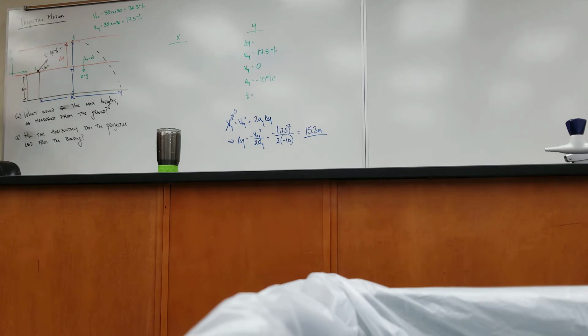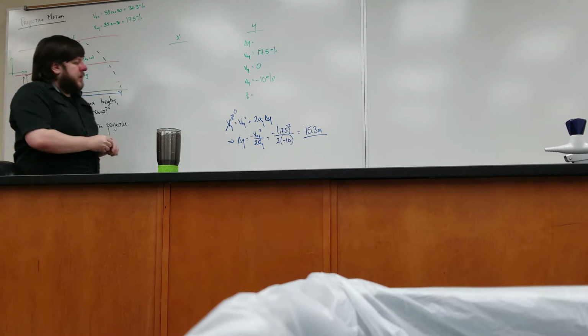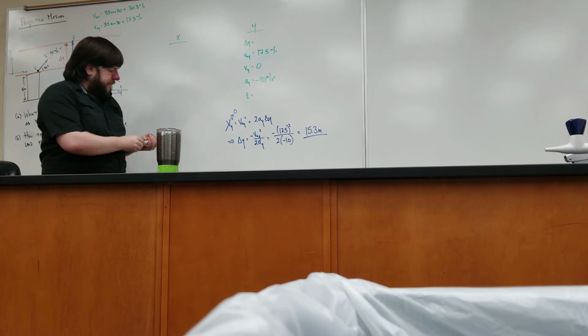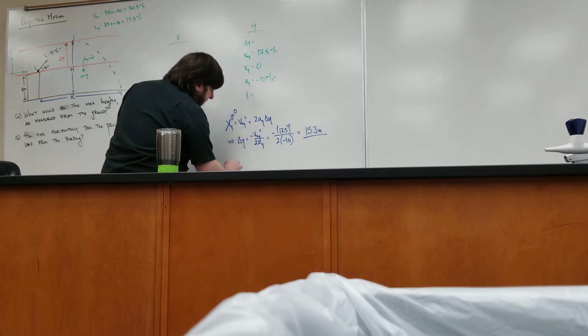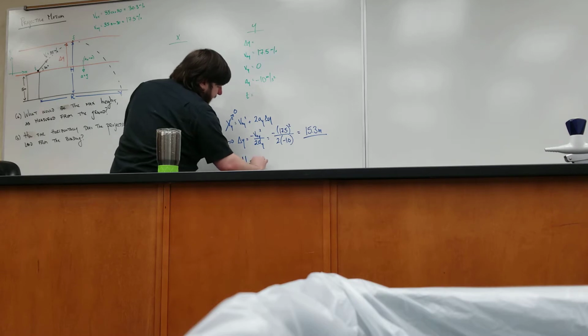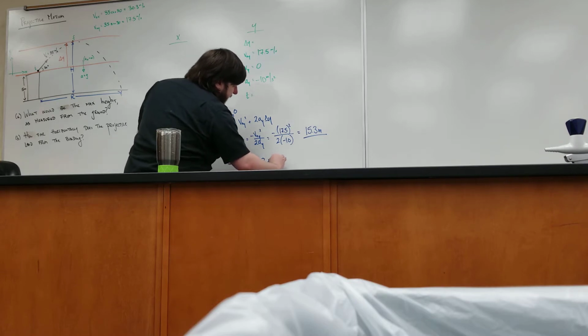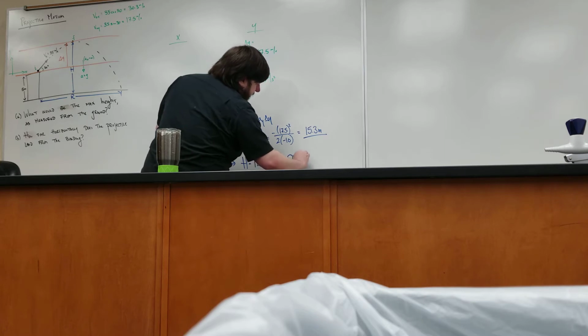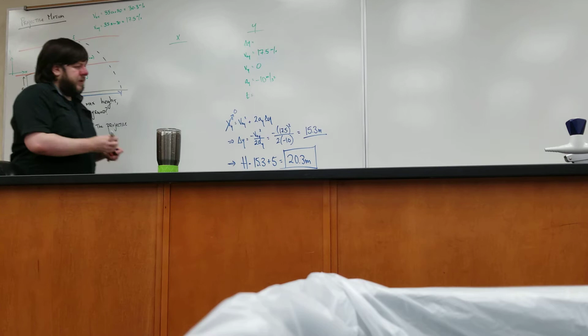So that height is 15.3 meters, and the height of the building is 5 meters, then the total height above the ground is going to be the sum of the two. Okay? So the maximum height is 15.3 meters plus 5 meters, which is 20.3 meters.